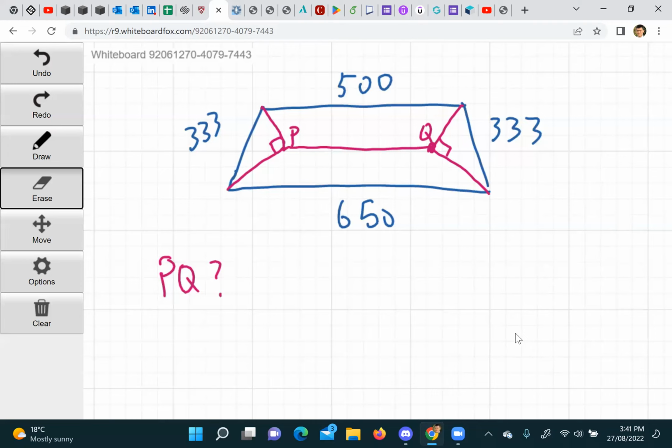You could find the height. How can we find the height?